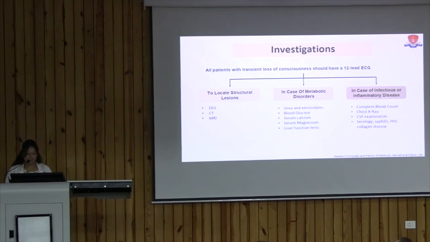If metabolic disorders are suspected, tests including urea and electrolytes, blood glucose, serum calcium, serum magnesium and liver function tests can be done. In cases where an infectious or inflammatory disease is considered, investigation should include a complete blood count, chest X-ray, CSF examination, serology test for syphilis, HIV and for the collagen diseases.